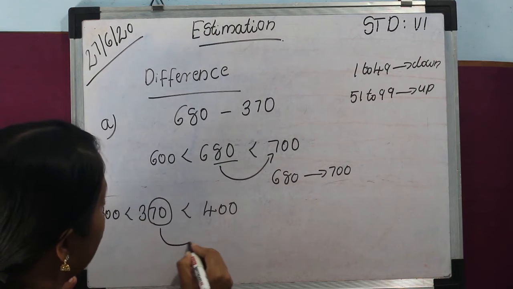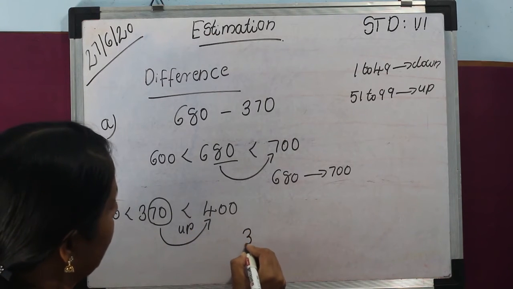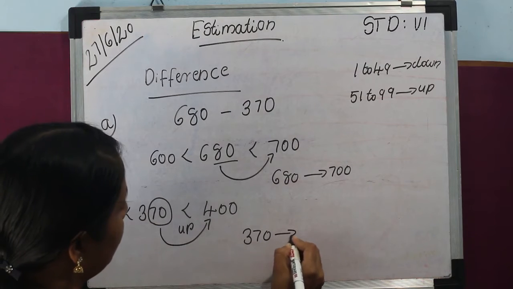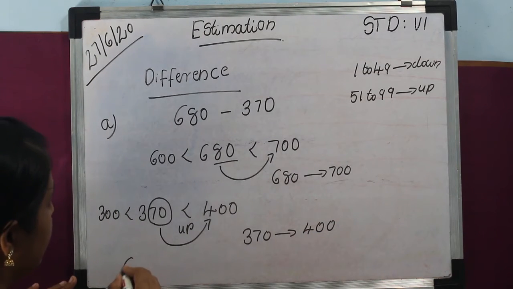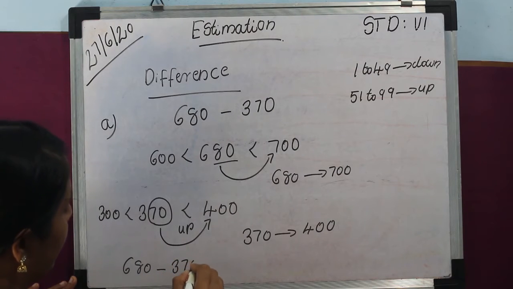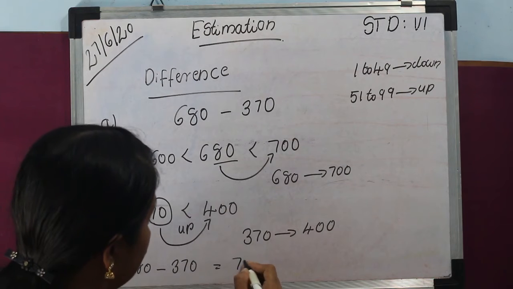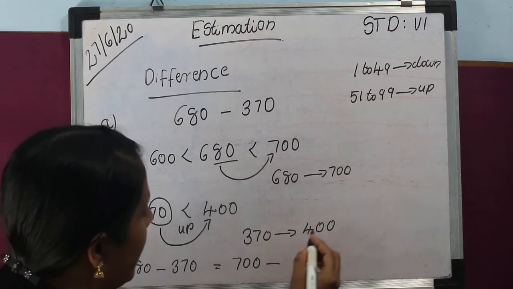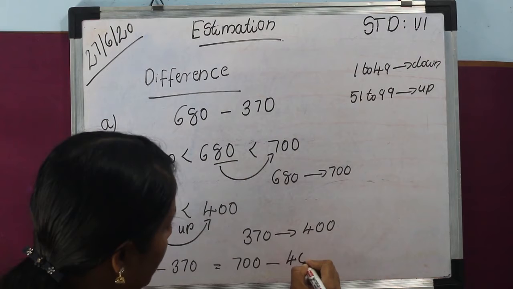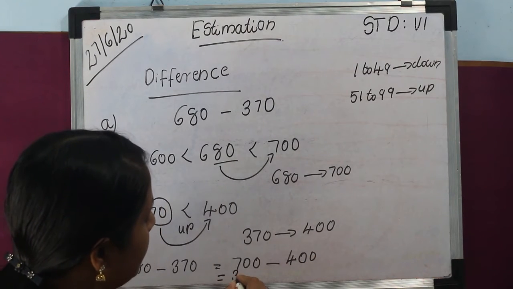That is, 370 is rounded up to 400. Then our question is 680 minus 370. In the place of 680, now we get the number 700. In the place of 370 we get 400. Therefore 700 minus 400 equal 300.